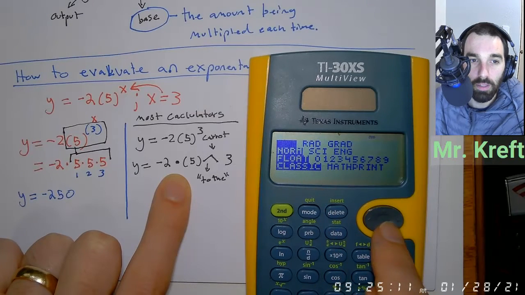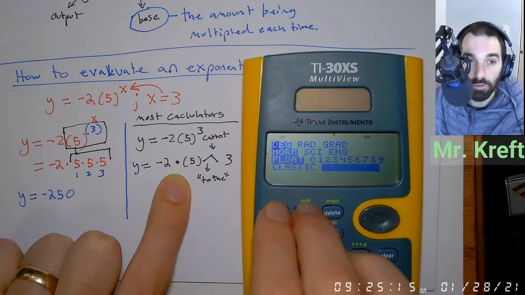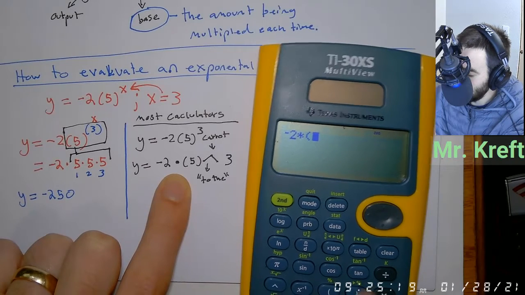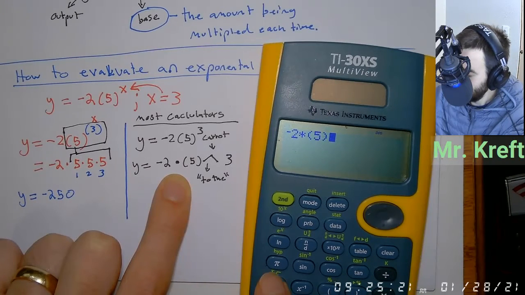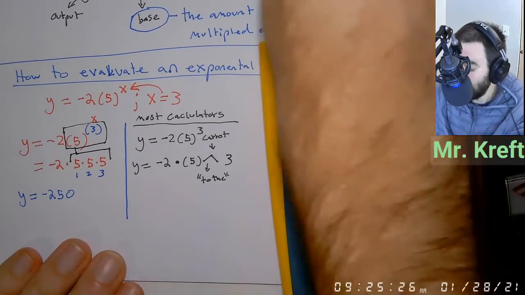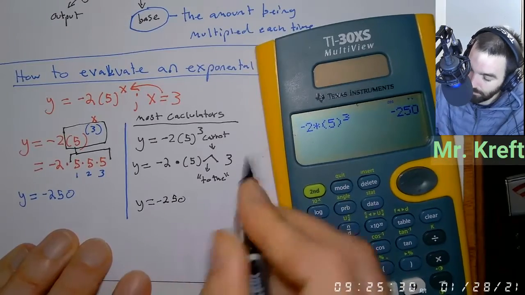I'm going to go back and put this on math print, and then it automatically does it for me, which is really nice. Then I get the same answer: y equals negative 250.